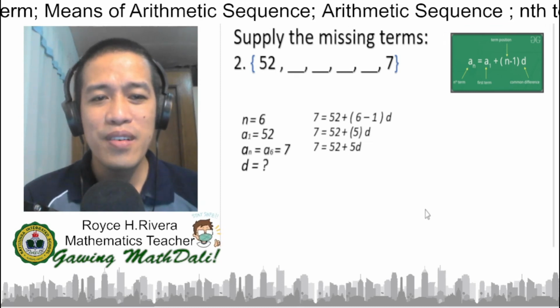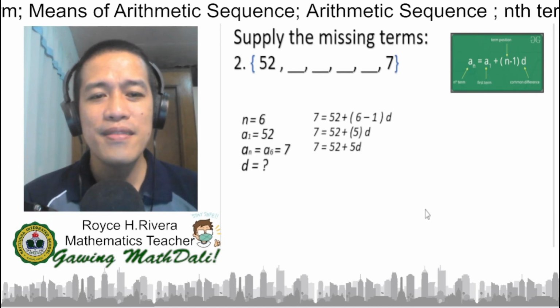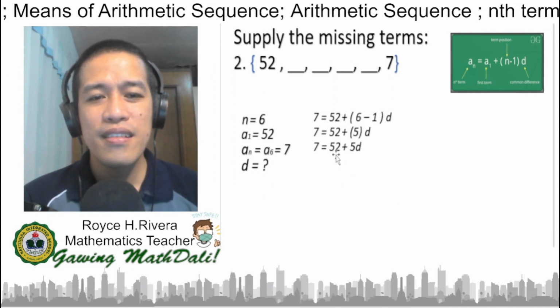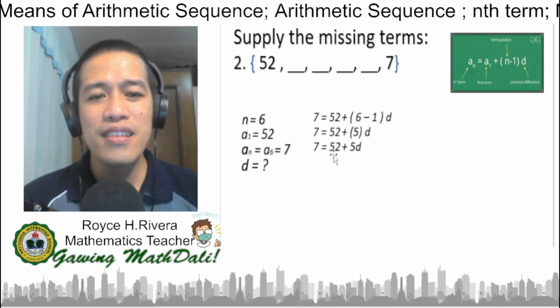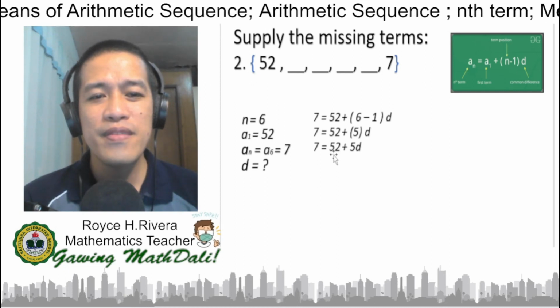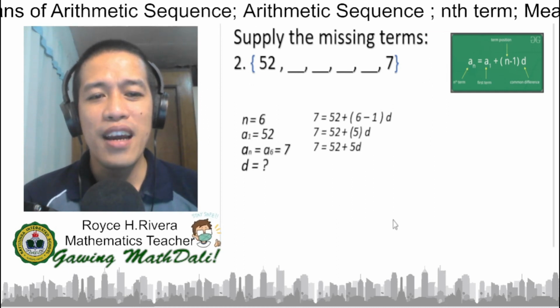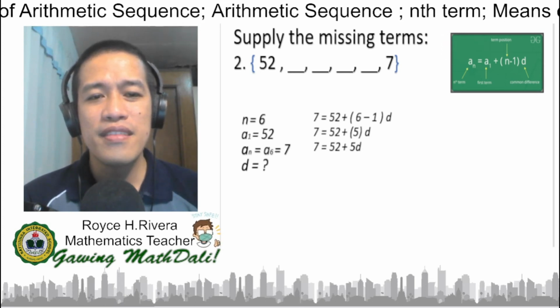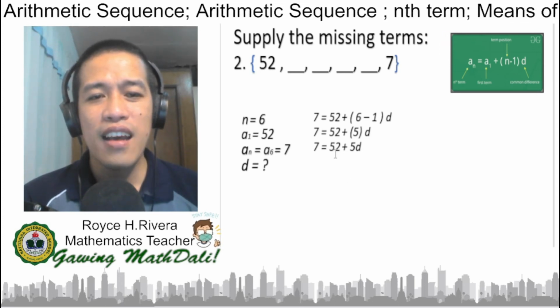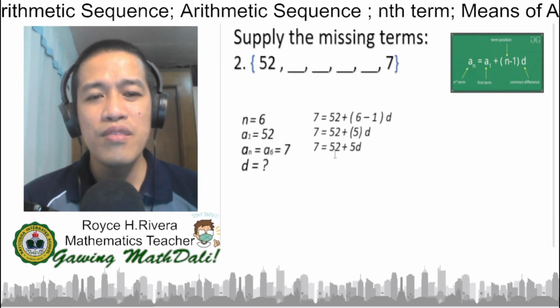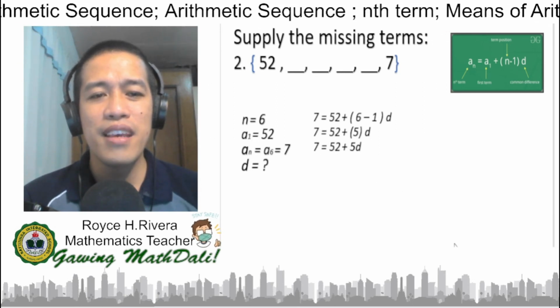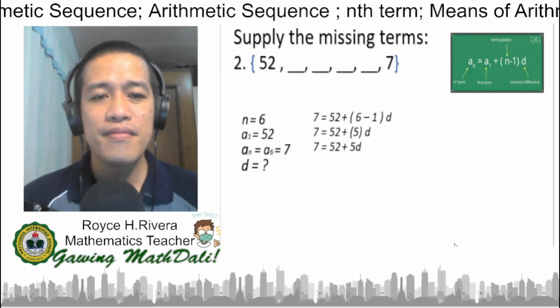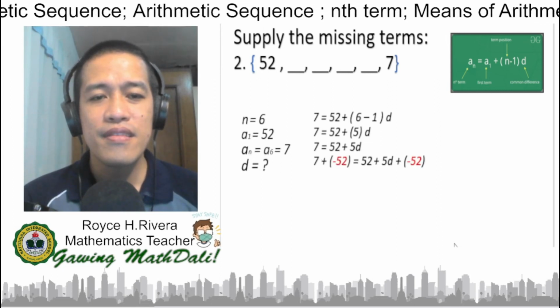Let us now solve for the variable D. By eliminating first 52. Kagaya kanina, we add the negative inverse. Add the negative inverse of 52 to both sides of the equation. Yan.